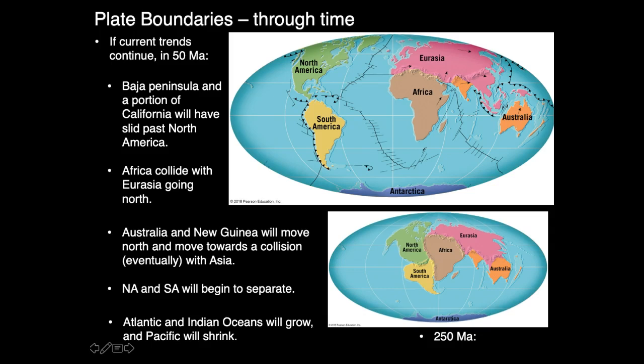But of course, for this specific map, there are many more assumptions that occur, and we won't get too much into the details of this map's prediction, such as South America and Africa, for example, being next to each other again, even though the Atlantic Ocean is currently growing. So we won't get too much in detail, but if you are curious and you want to know more, definitely look it up and also let me know, and we could chat about it.